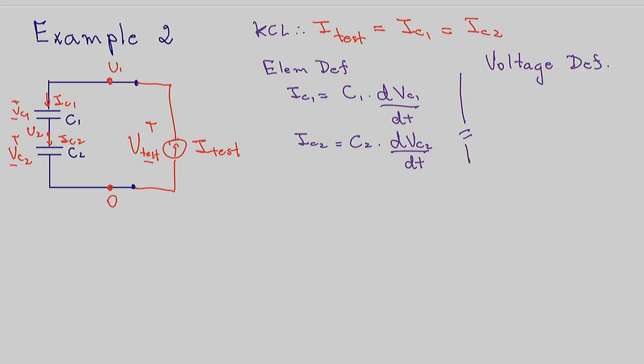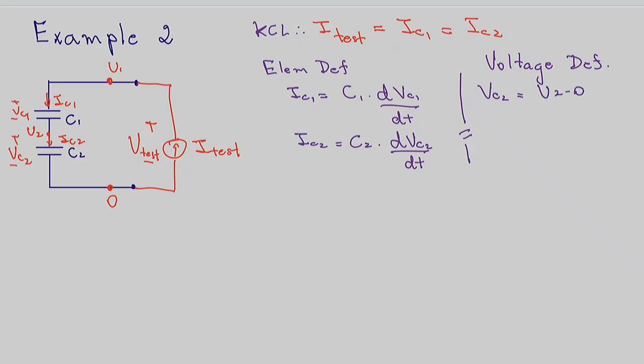You tell me, what is VC2, the voltage across capacitor 2? You come here, take a good look at capacitor 2. Capacitor 2 is between nodes 0 and U2. So what's VC2? Thank you, U2 minus 0.